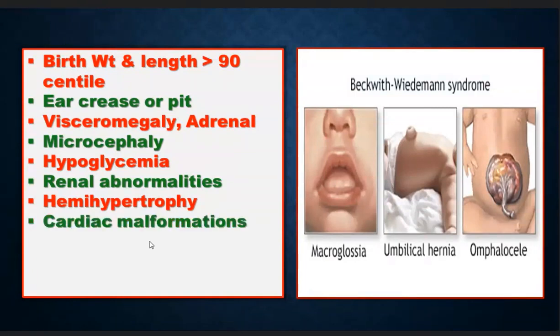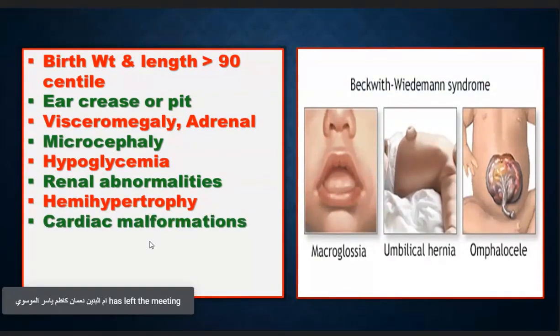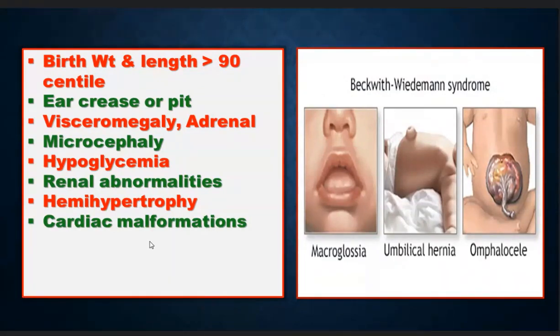Cardiac malformations: they may have VSD, ASD, or cardiomegaly with increased thickness of the interventricular septum, like what happens in an infant of a diabetic mother, with cardiomyopathy and biventricular hypertrophy. Intestinal malformations: omphalocele is a very clear example.